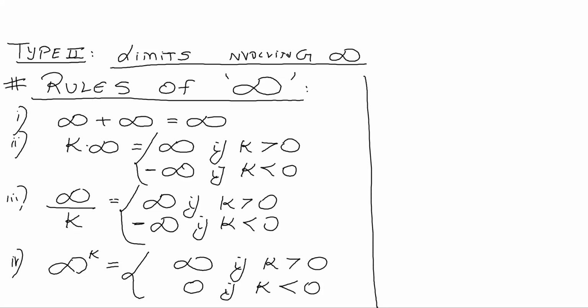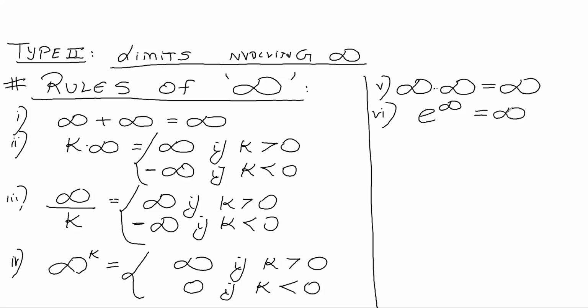Then let's write the fifth rule, on the right hand side. You can see infinity into infinity is also equal to infinity. Okay, the sixth rule, e to the power infinity, where e is the natural exponential function, is equal to infinity.